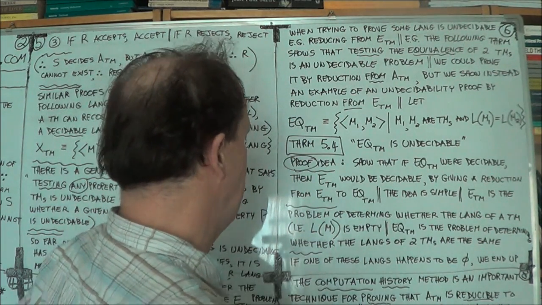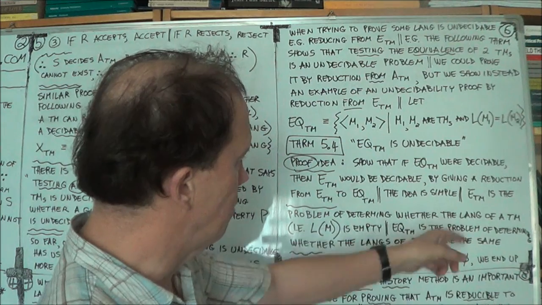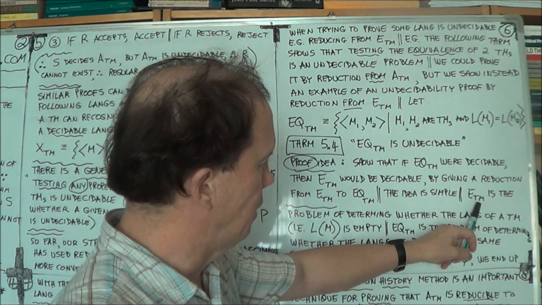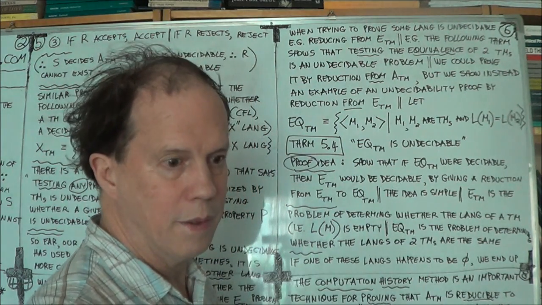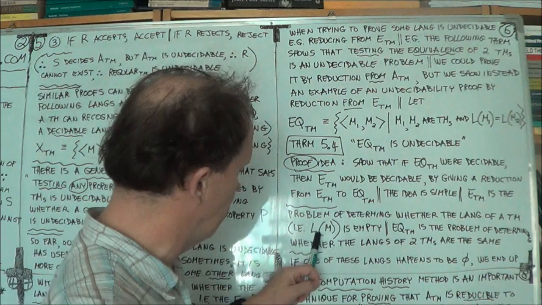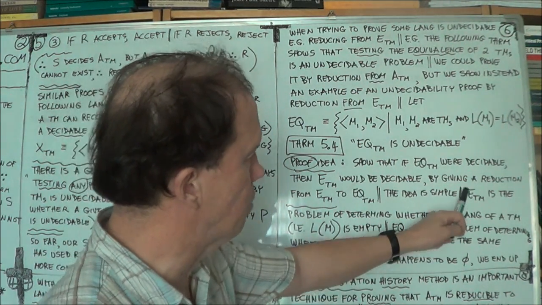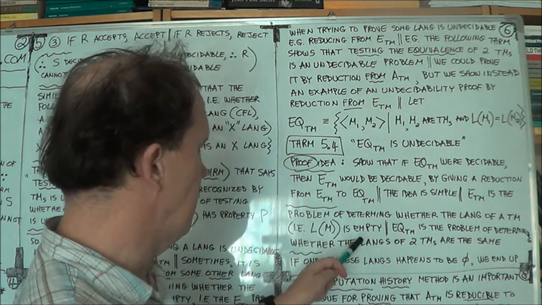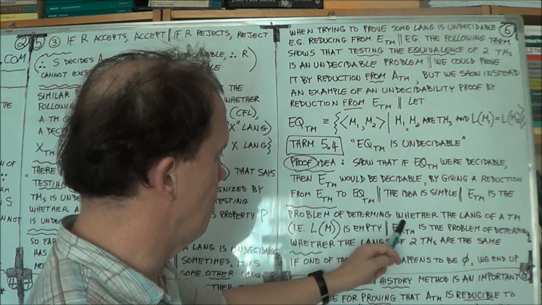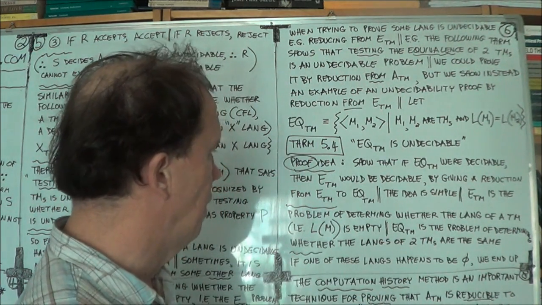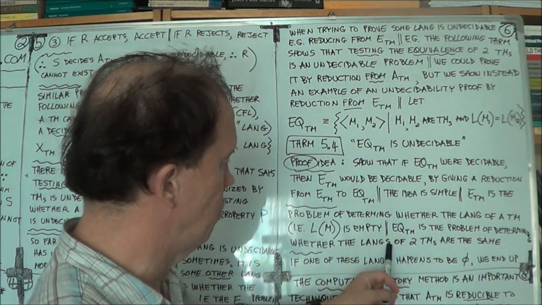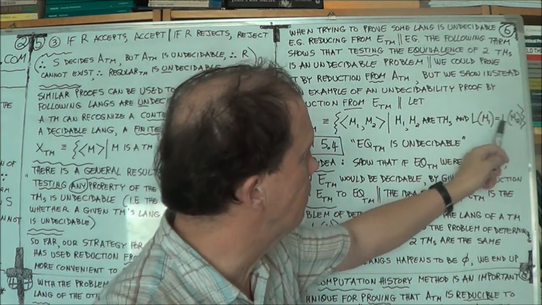Well, that problem is trying to determine whether the language of a Turing machine is empty. That's the problem corresponding to that. And what's the problem corresponding to this? Well, whether two Turing machines have the same language.